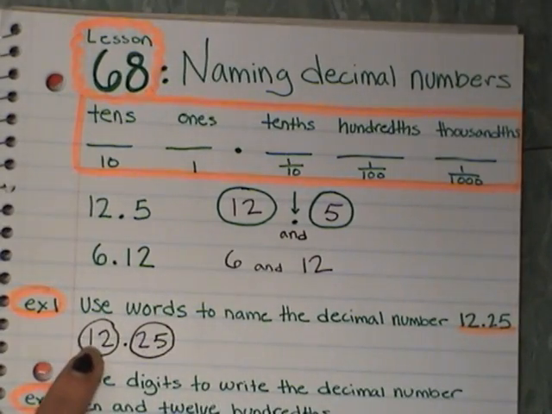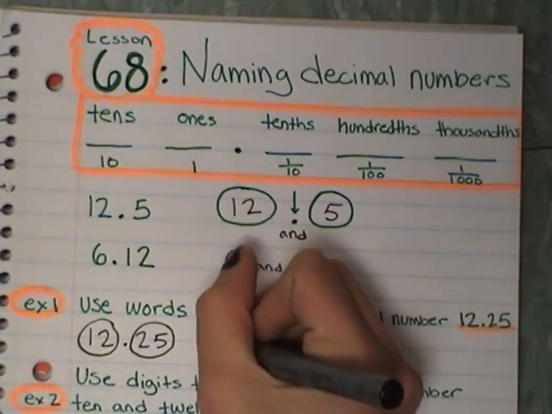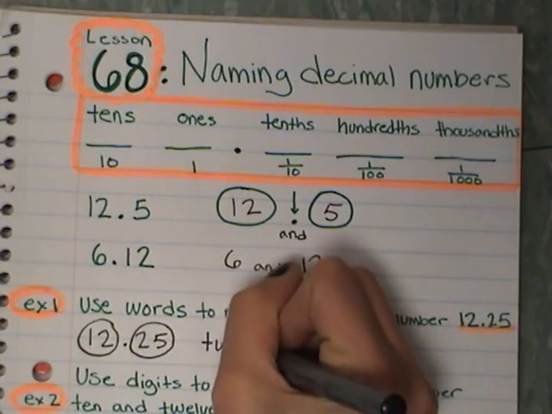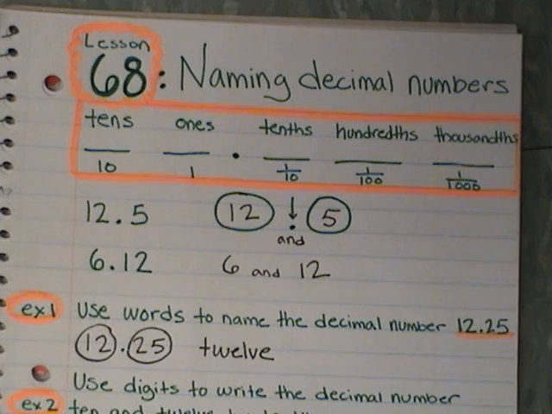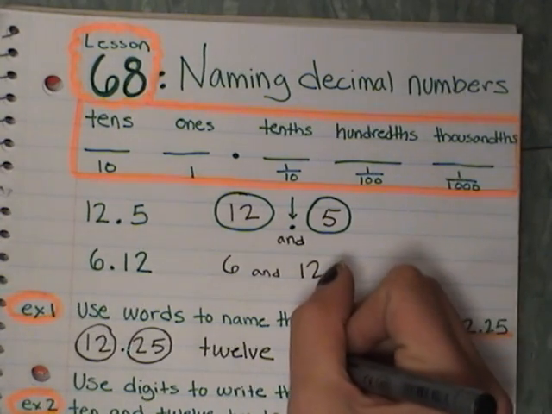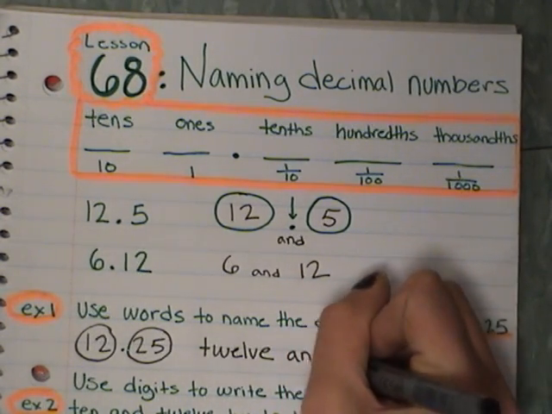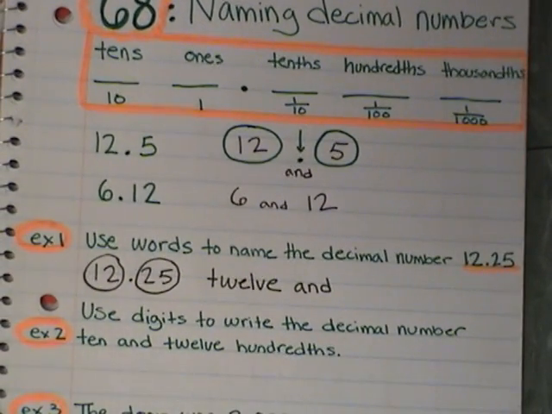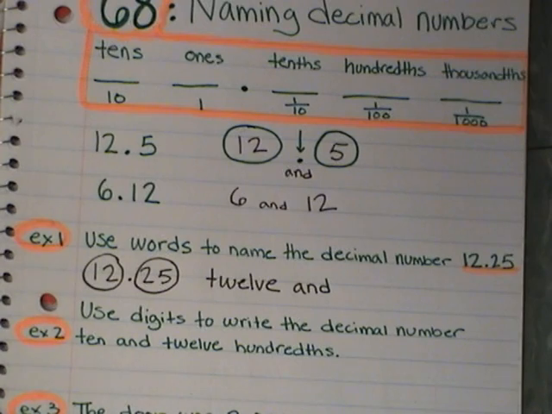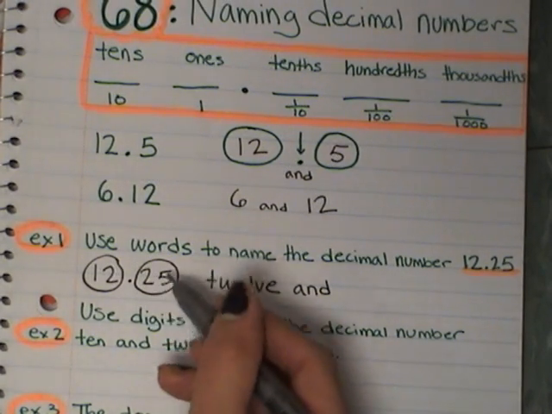So I'm going to do my whole number first, which is 12. Then I'm going to write down and, then I'm going to name the number after the decimal point. I name it as a whole, 25, and then it's not a tenth, but a hundredth.